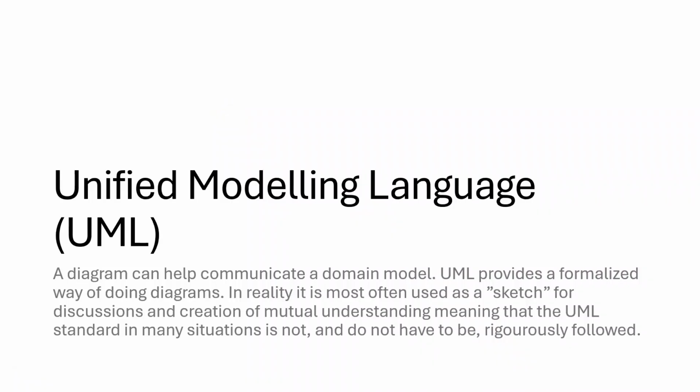A diagram can help communicate a domain model, and the Unified Modeling Language, UML, provides a formalized way of doing diagrams. In reality, it is most often used as a sketch for discussions and creation of mutual understanding, meaning that the UML standard in many situations does not have to be rigorously followed.